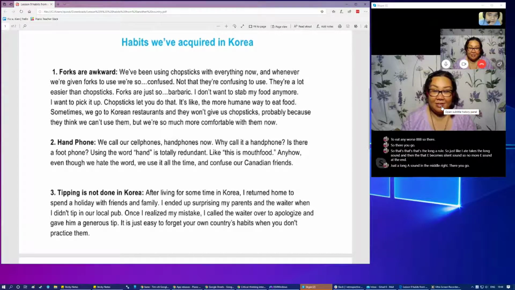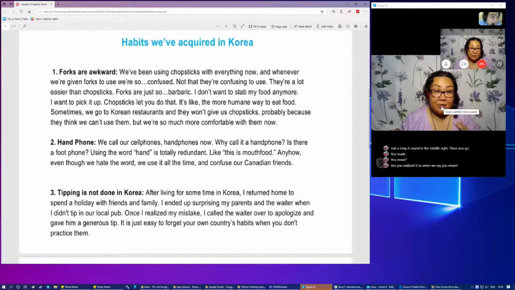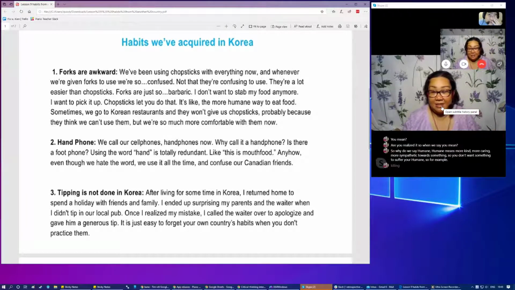So the more human, the more humane. Yeah, I saw it, I said it wrong. So when we say humane, it means more kind, more caring, more sympathetic towards something. You don't want something to suffer. You're humane. So for example, killing somebody.